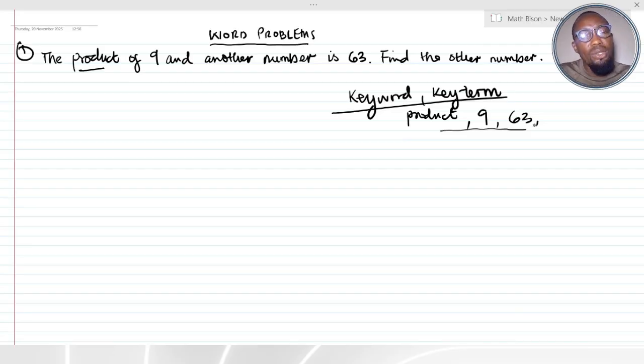Now, what is the next thing you want to look at? In case you haven't done this, one of the key ways of getting ahead in your ability to solve word problems is for you to learn and widen your list of what? Mathematical vocabulary.